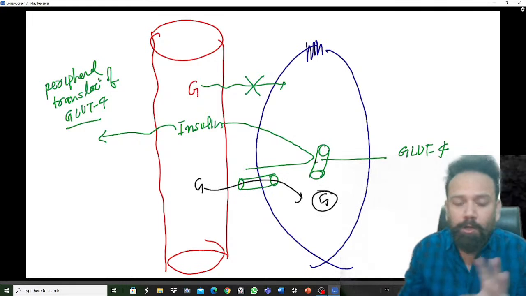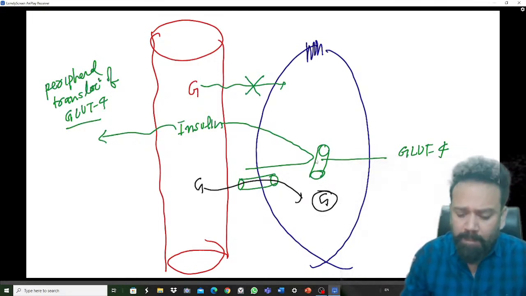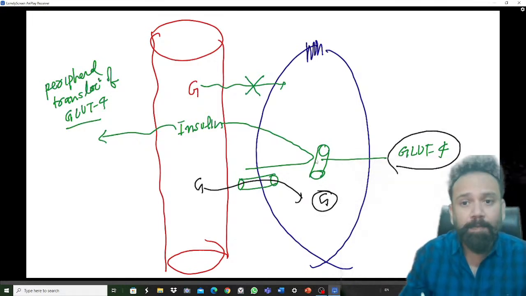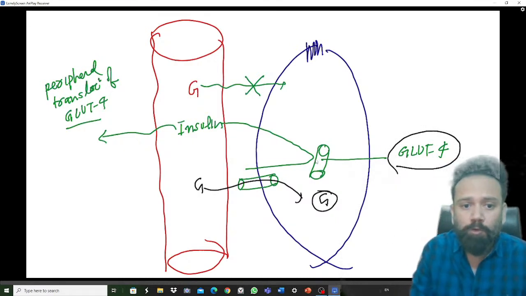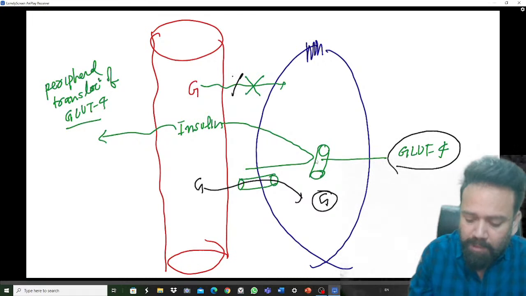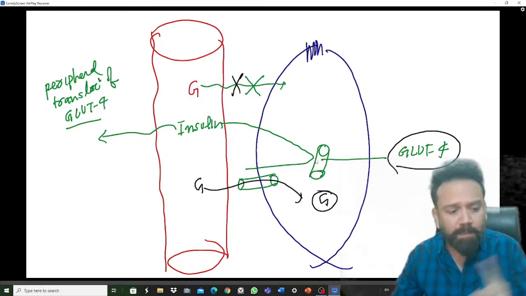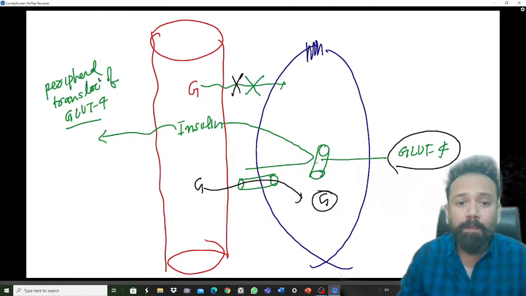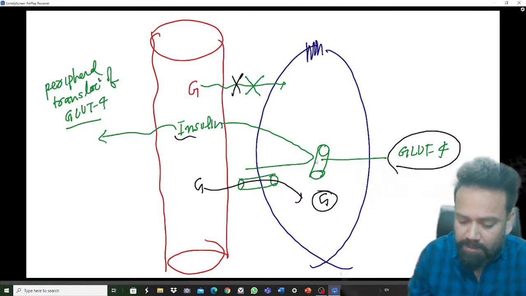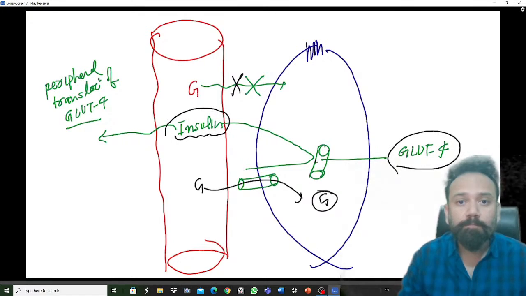Normally all gluts are not dependent on insulin, but glut 4 is inside the muscle and adipose tissue. So normally glucose, whatever food we are taking, will be in the blood circulation. It cannot enter inside the muscle until there is the presence of insulin, doctor.